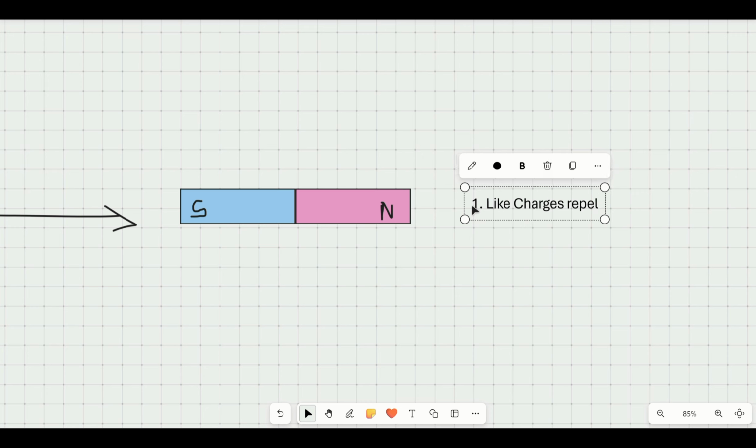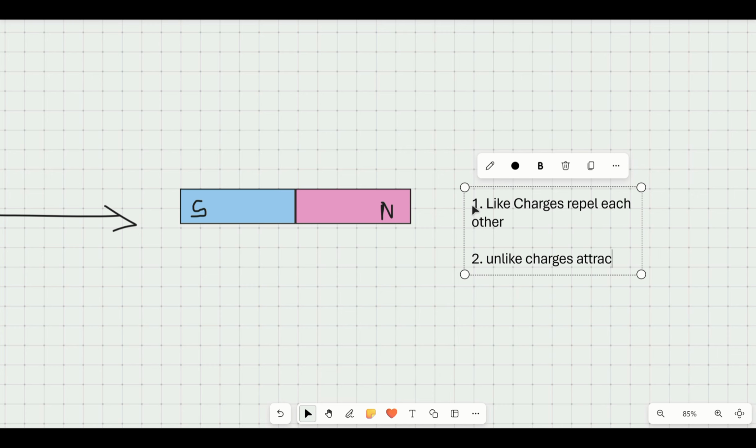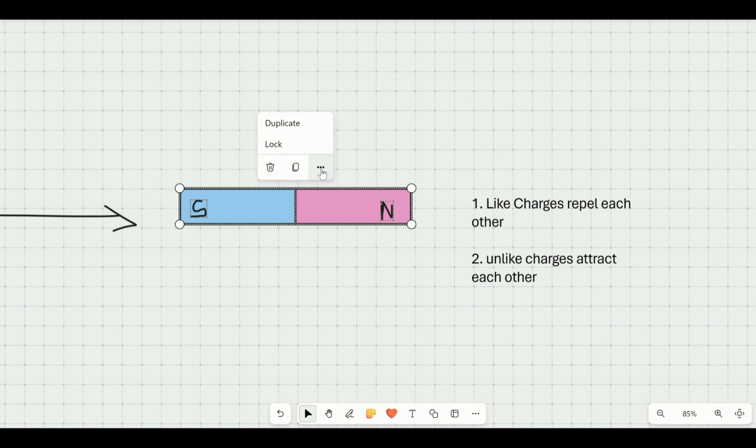I think this is the right spelling of repel, with only a single P. And the next thing is, unlike charges attract each other. Okay, so what does that mean? Let's see. I know you guys already know that, but still.